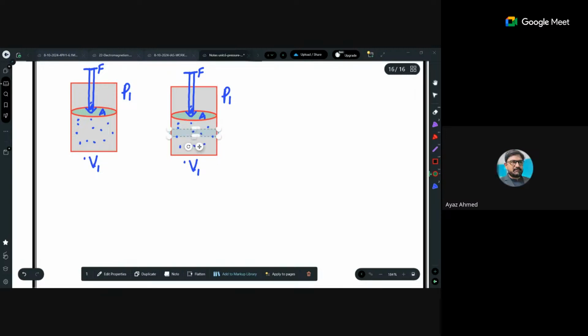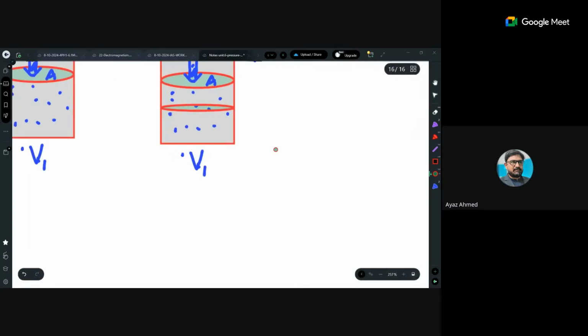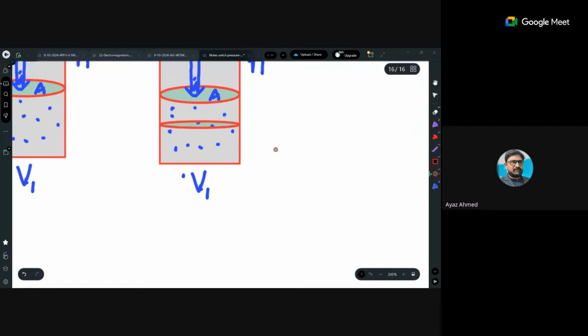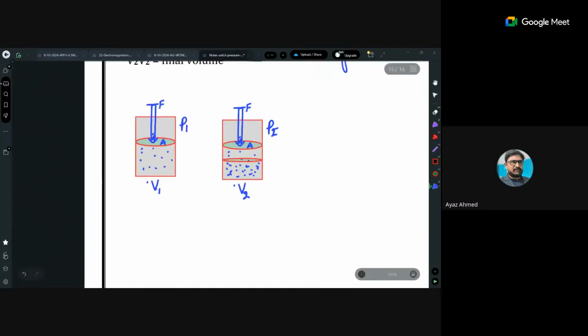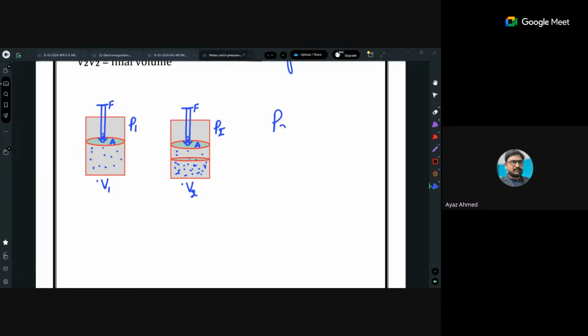Yes, volume is less because all the gas has been compressed here. So all the molecules which are above have been changed. Now the new volume is V2, the new pressure is P2. The condition is that P2 is greater than P1, so your V2 is less than V1, isn't it?